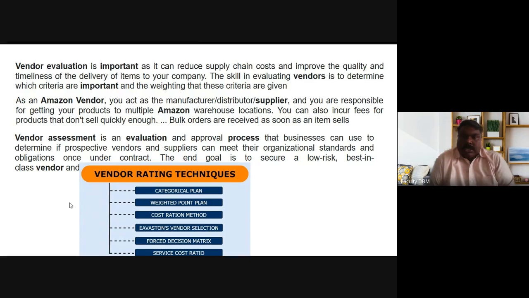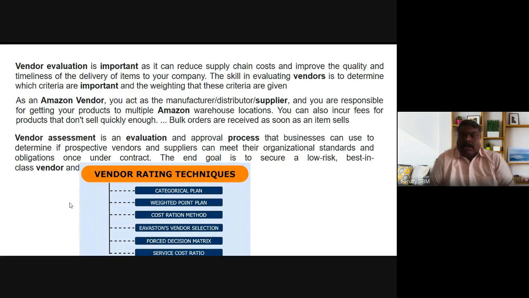So the skill in evaluating vendors is to determine which criteria are important, and weighing that criteria. For example, if you see Amazon as a vendor, you act as a manufacturer, distributor, or supplier, and you are responsible for getting your products to multiple Amazon warehouse locations.